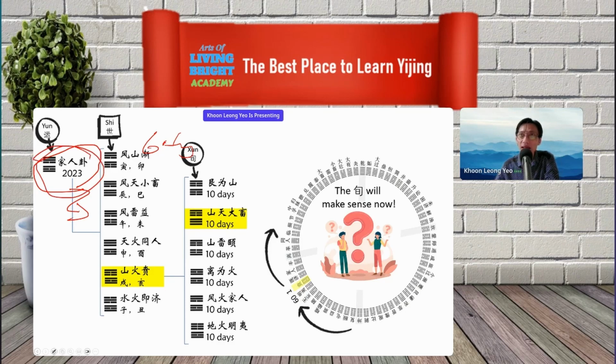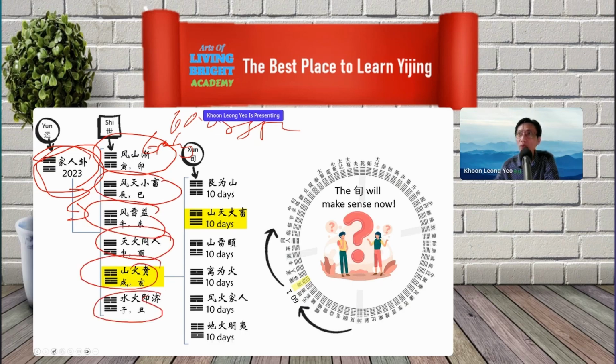But based on the 六日七分法, it is not exactly 60 days, but 60.0875 days each. So you add up to 365.25. We can also break down the 60.0875 days into finer 10 days by changing each line.